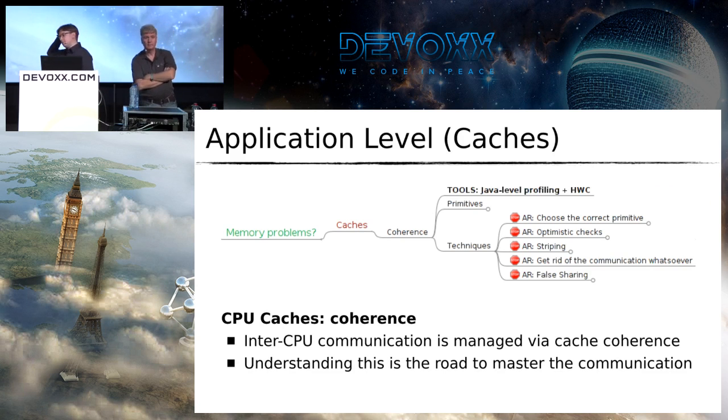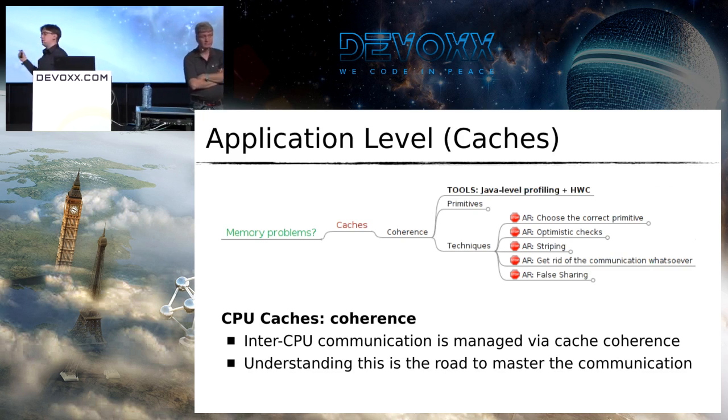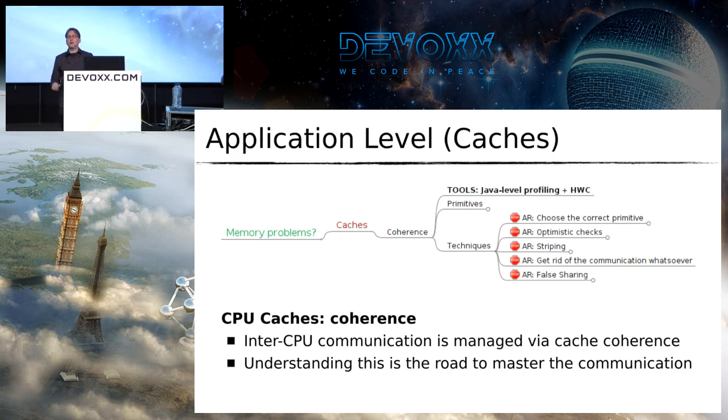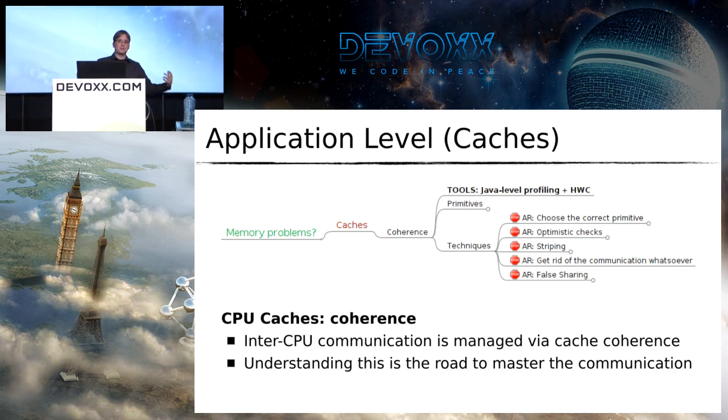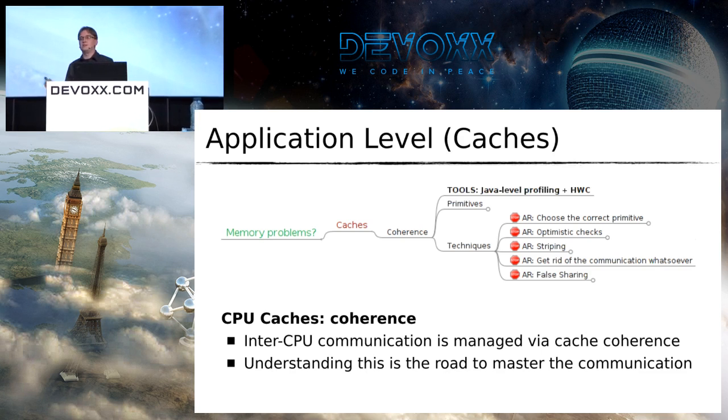So, coherence. When you communicate between threads in your application, you are communicating through the cache coherence, actually. You might think you are communicating through shared memory, but shared memory is actually an illusion. There is no shared memory at this point. There's just the illusion that hardware is trying to maintain at all costs.